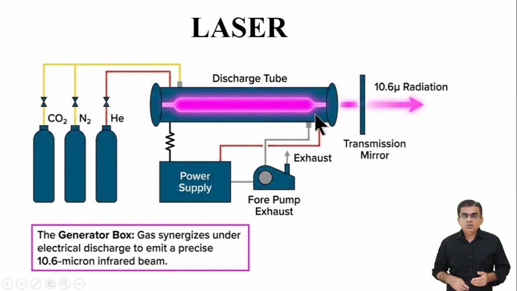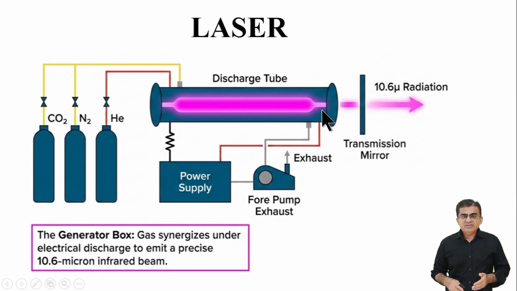Now look closely at two ends of the glass tube. One end has a perfectly solid mirror and the other end has a partially open mirror. The new light particles bounce rapidly back and forth between these two parallel mirrors. As they bounce, they crash into other atoms and force them to release even more light particles.